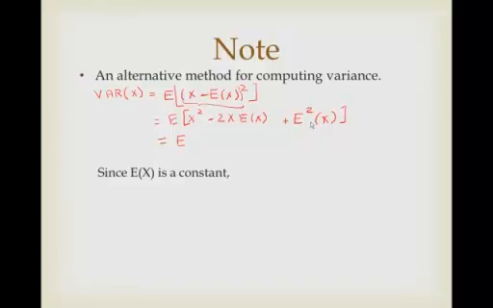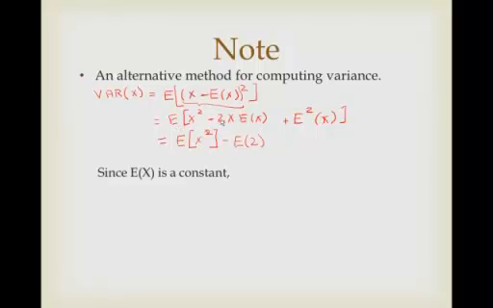So the expected value of x squared is going to be the expected value of x squared. Okay, now we can go to the second added item. That's going to be minus, I'll do this really painfully right here. What is the expected value of 2?